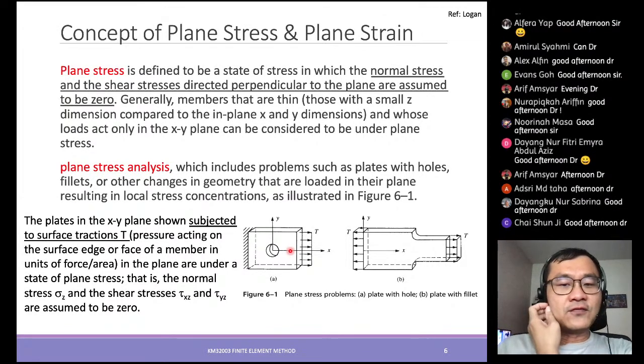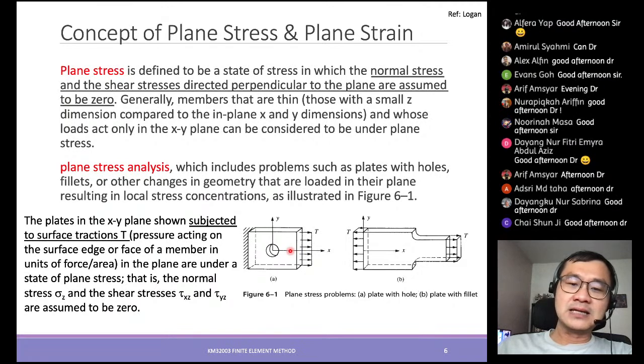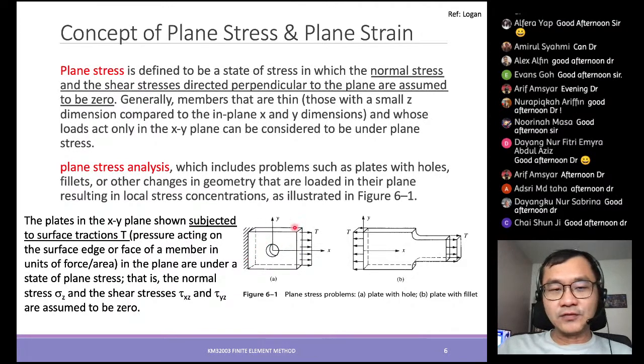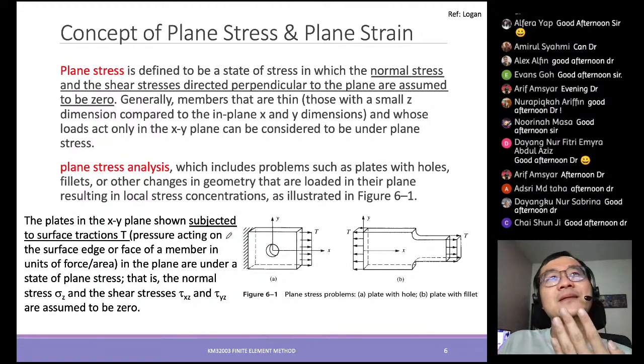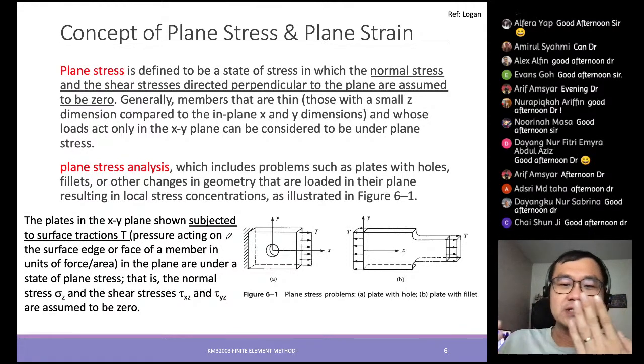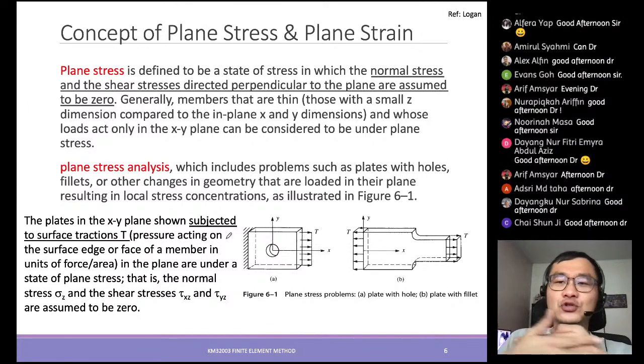So what it means is that for this particular case, this structure has a thickness, and the forces are acting parallel to this plane itself.